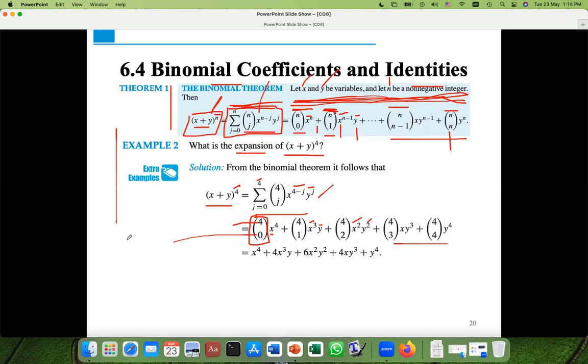4 factorial. So this is n, and this is r. So how can you write it? 4 factorial divided by 0 factorial, and 4 minus 0, again 4 factorial.